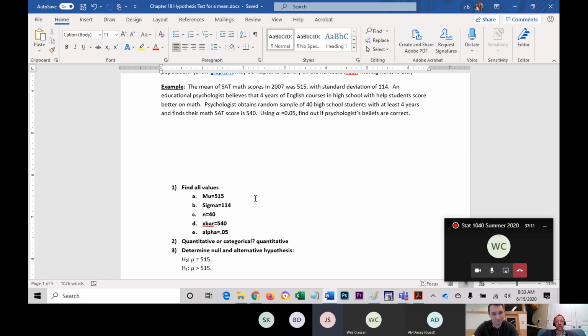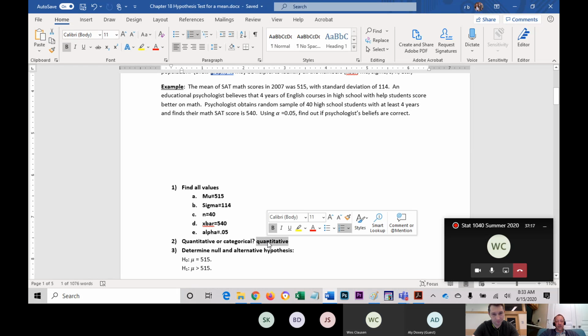Step number 4 is what? Pick a test. So we know it's quantitative. We know we're using mu. The question is, am I going to be using a z-score or a t-score on this one? Z, because we know our population standard deviation, we know our sigma.